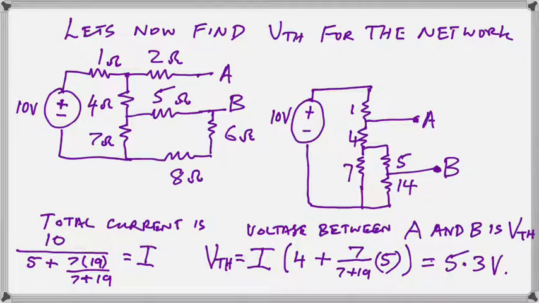So if we're trying to find the current through the 5 ohm resistor, we take the 7 and put it over the total and multiply it by I, which is the total current, and then multiply it by 5, which is the branch resistance, and that gives us the total voltage between A and B, which works out to 5.3 volts.